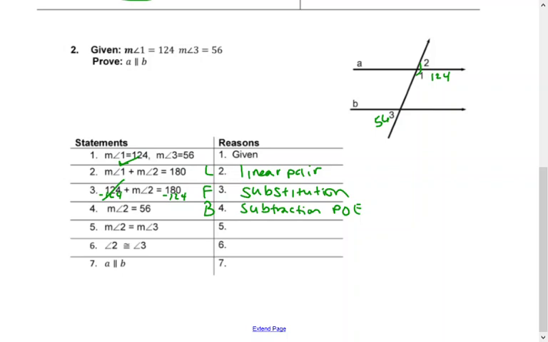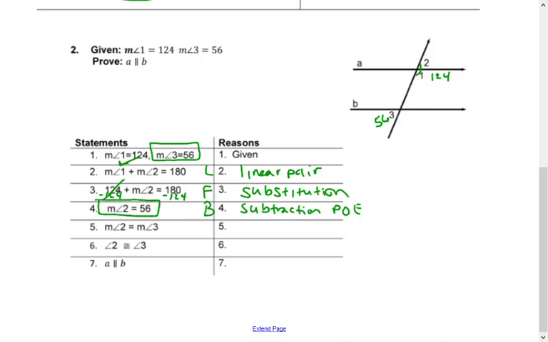Okay, so now we want to say that measure of angle 2 equals the measure of angle 3. We are going to do this confusingly again with the transitive property. It's confusing because our statements are not next to each other. These are the two statements that we're going to use.